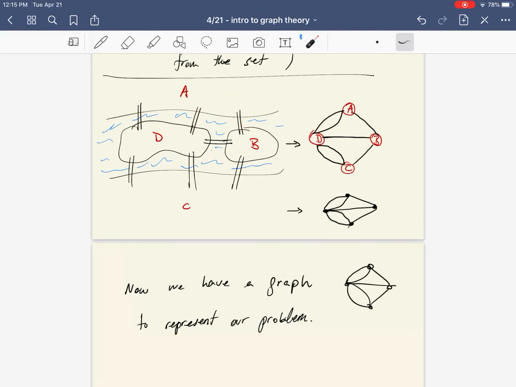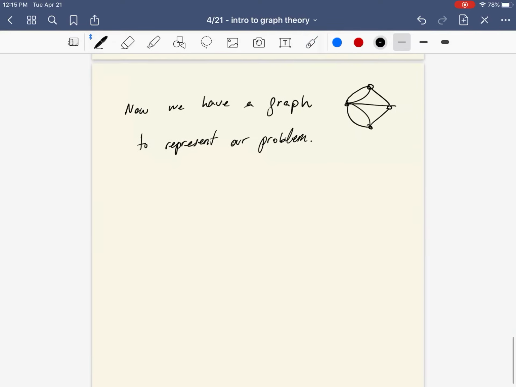And so that's exactly the heart of the problem: we can only do this if we have an even number of bridges going out to A, because every time we leave, we need to come back. And that makes 2 bridges, so it means it needs to be even.